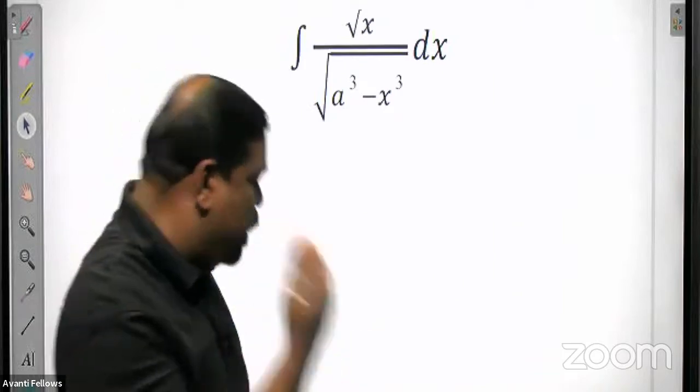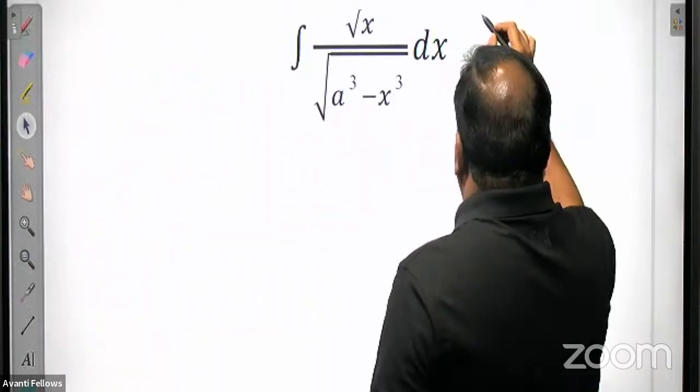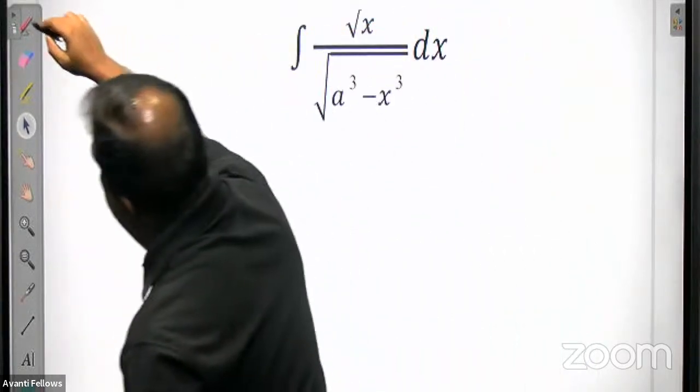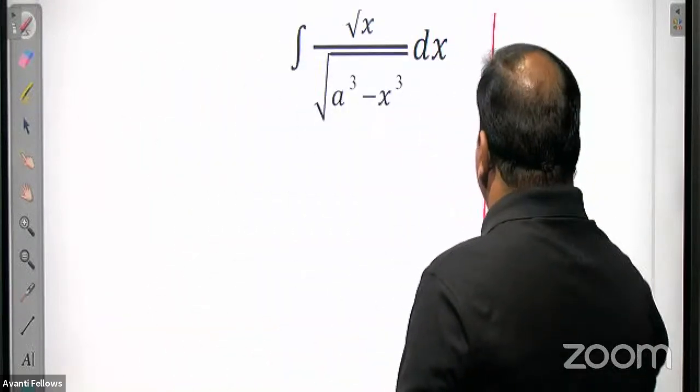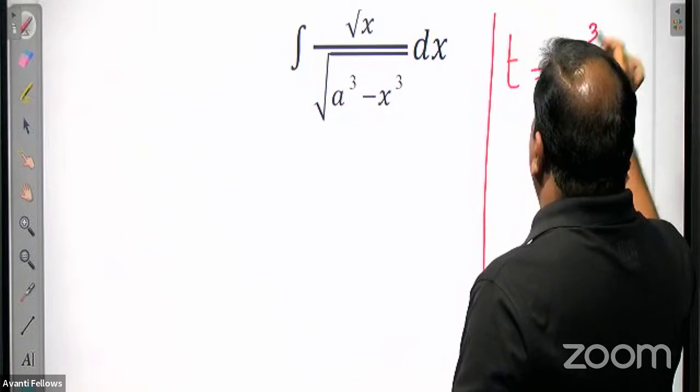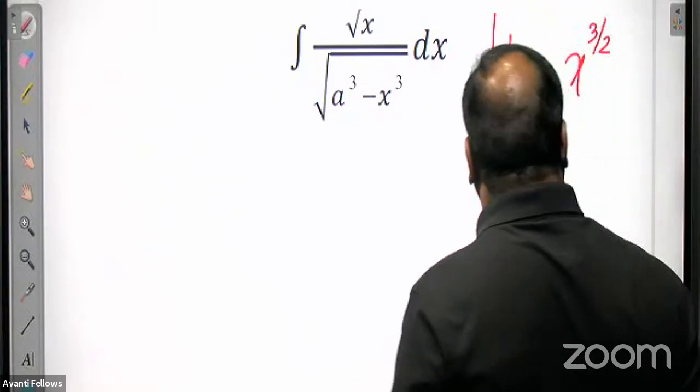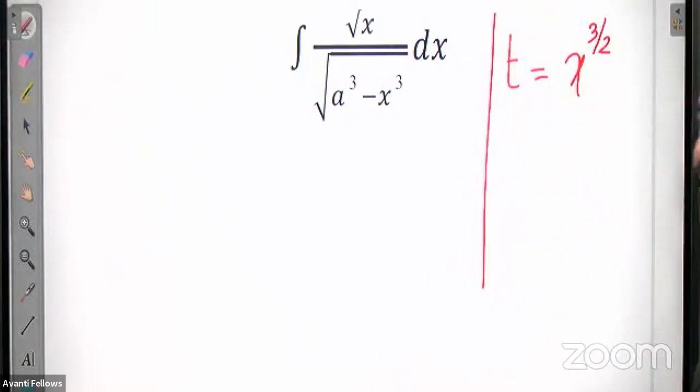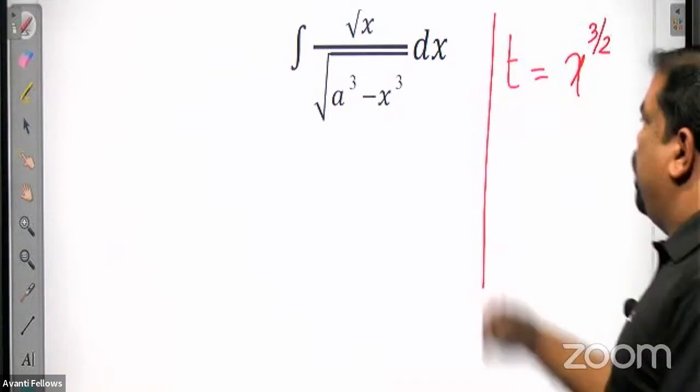So suppose I take t as x raised to 3 by 2. Let us try and see what happens.